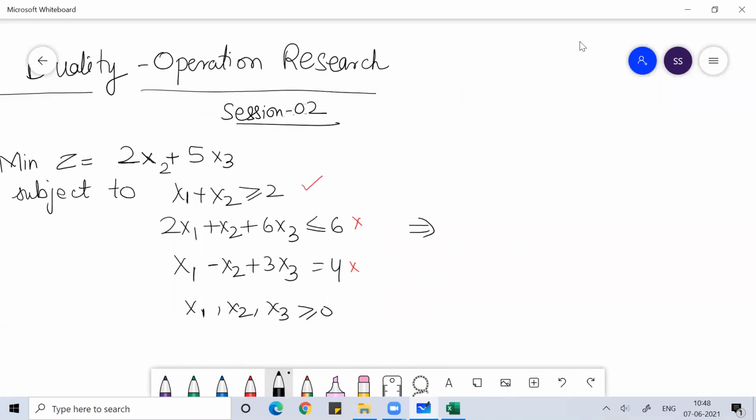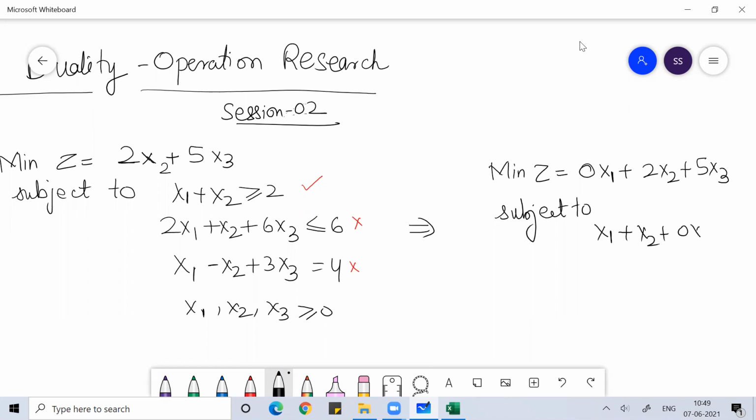If we write the following LPP problem in canonical form, the objective function will become minimize z equal to 2x2. There's no x1 here, so I can write this as 0x1 plus 2x2 plus 5x3, subject to x1 plus x2 plus 0x3, because three variables are there, x1, x2, x3, greater than or equal to 2.